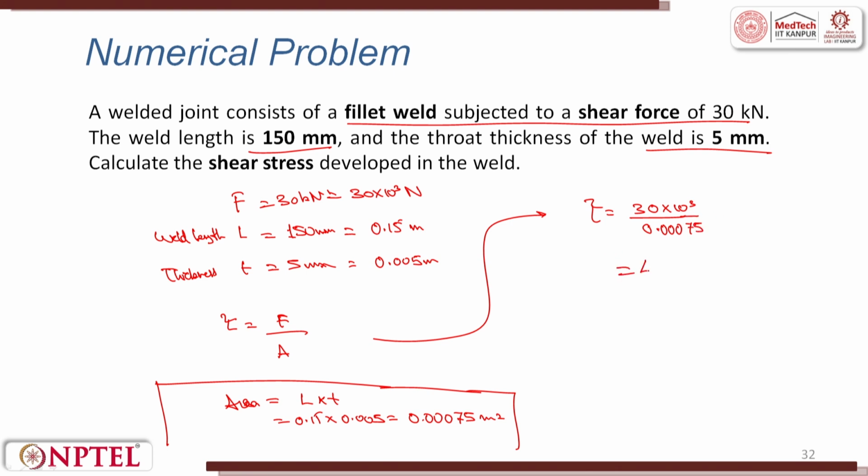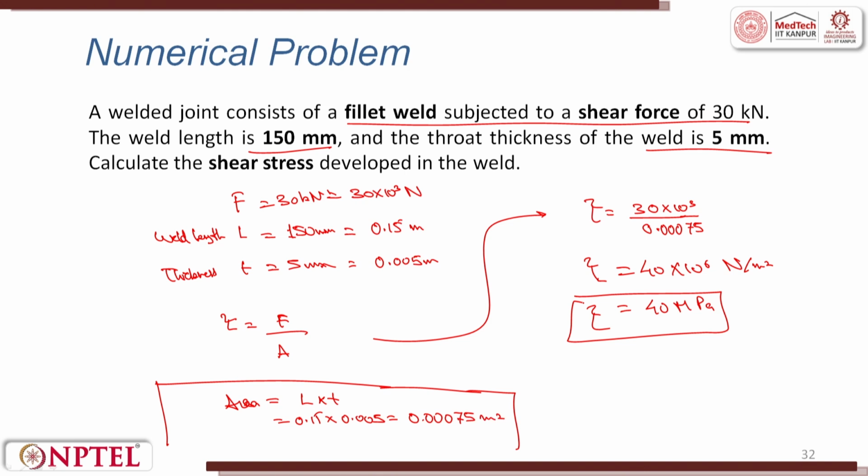This is equal to 40 into 10 raised to power 6 newtons per meter square. That means this is equal to 40 megapascals. This is my answer. That is, the stress is 40 megapascal.